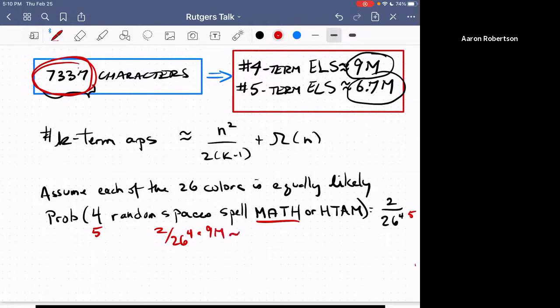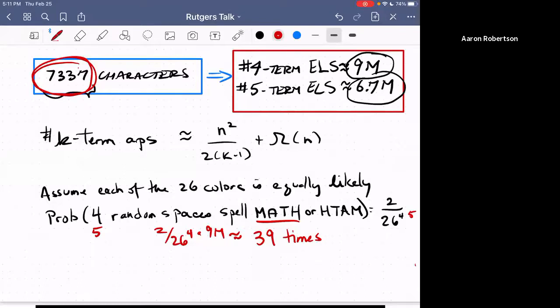And this works out to be about 39 times I should observe this in that excerpt. So I would not be surprised to see the secret message math in that page.